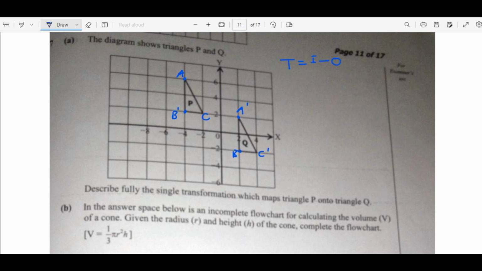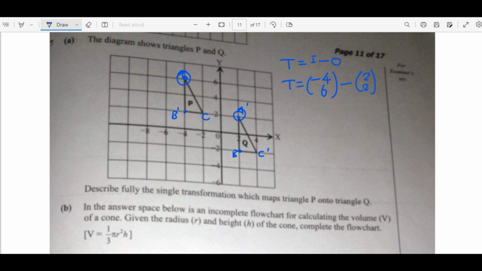Let's say we get the coordinates of A, which is -4, 6. We need to write them in column vector form, -4, 6 minus the corresponding image point, which is 2, 2.